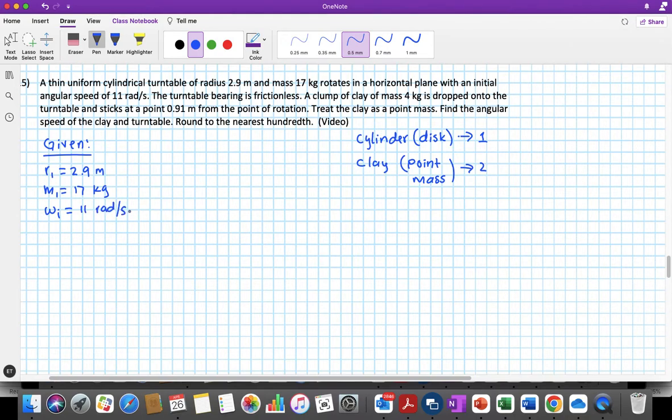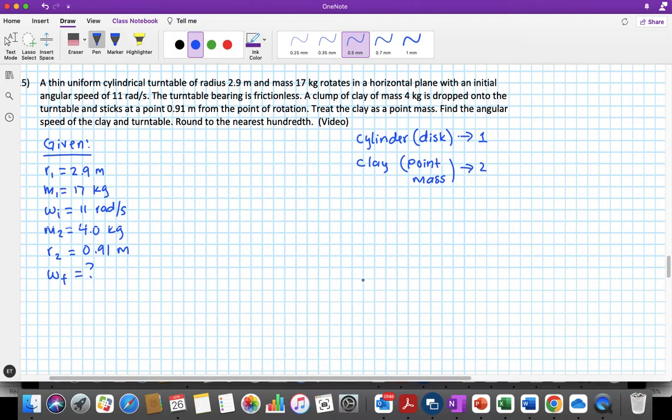Now this is the angular speed of the system, right? Because afterwards, the clay sticks onto the turntable. Now we have a mass for the clay, M2, of 4 kilograms. And then a radius, R2, of 0.91 meters, because that is the distance from the center. And we have to find omega final.